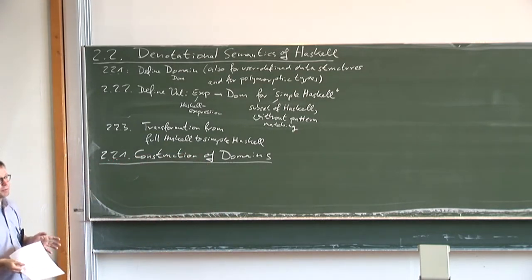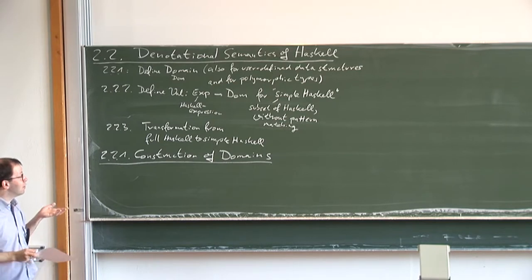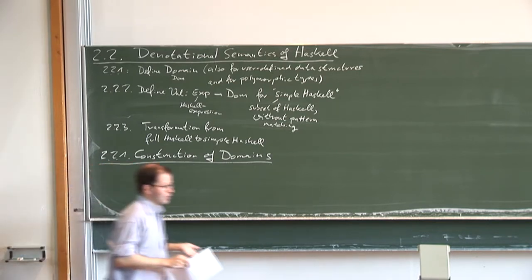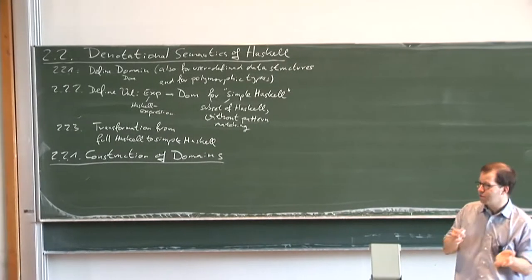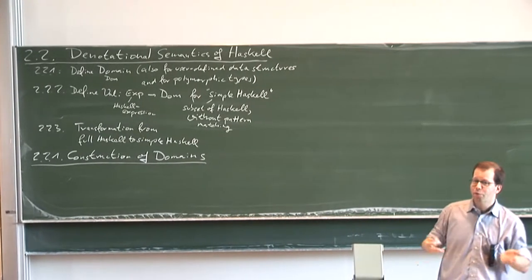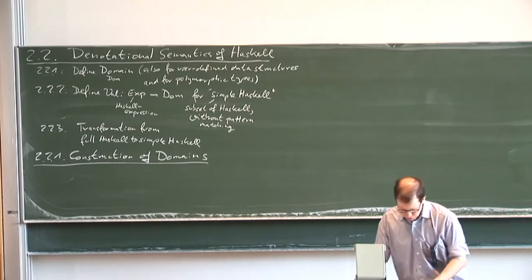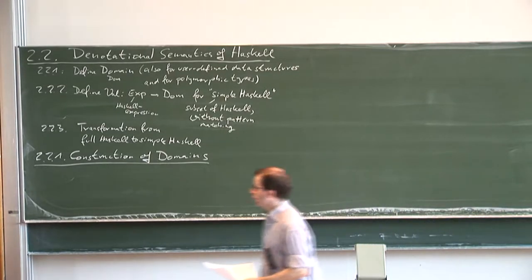Now, what we will do is extend this idea of having domains for every type. We had said how the domains for base types look, and we gave an idea of how it looks for tuples and for functions, but we want to do this for user-defined types as well.